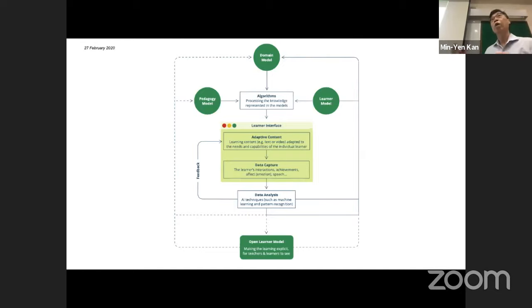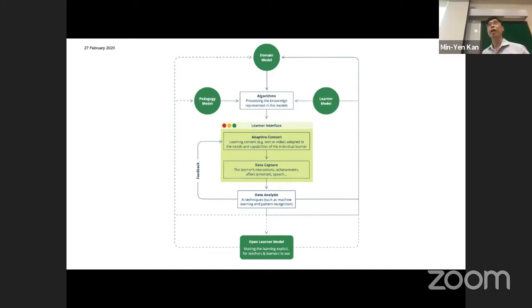The idea of the open learner model is that instead of using it all by the system, I throw it back to you so that you can become self-aware of what the ITS tells me about my understanding. Throw it back so that you become more self-aware and can reflect on your own understanding. Why did I score so low on this particular topic? Why did they score so high?